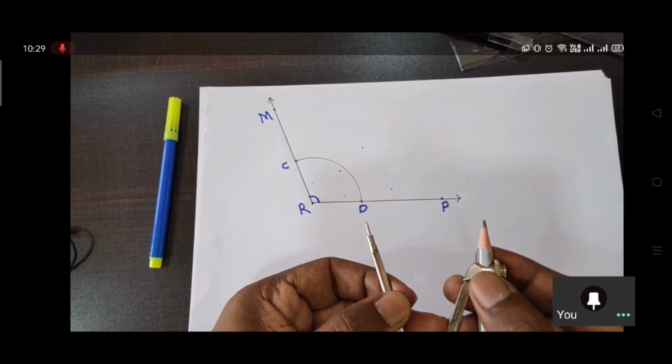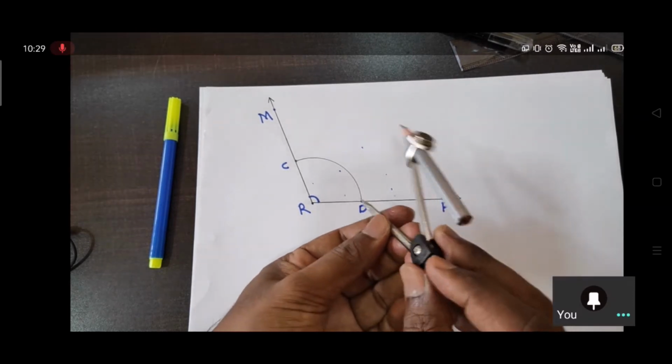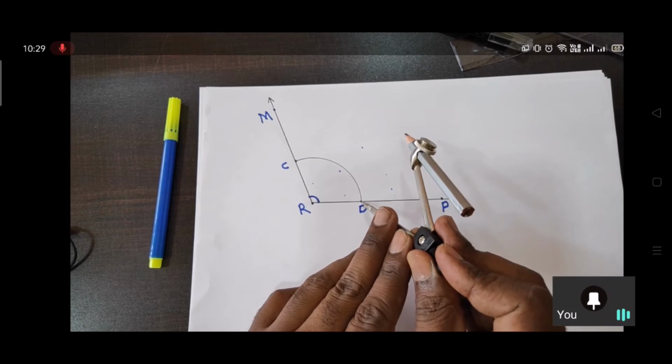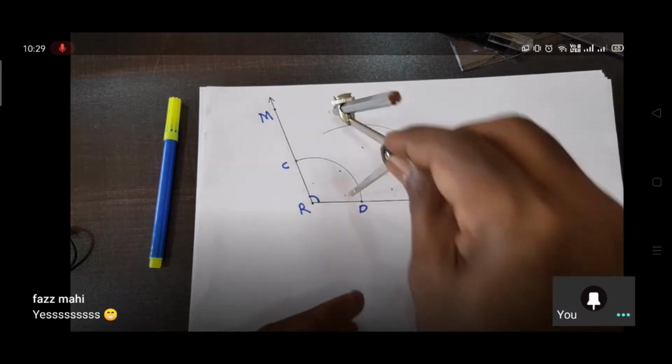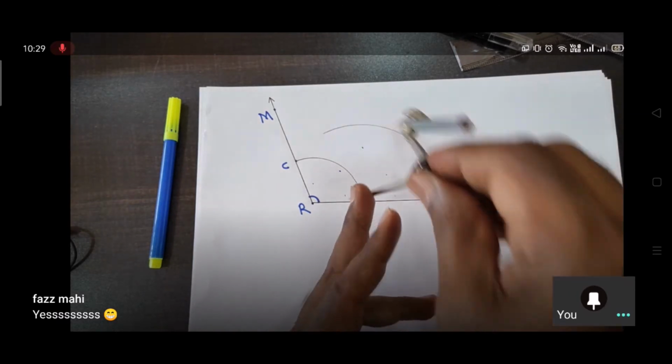Now increase the span. Keep it on point D. You have to draw a big arc.